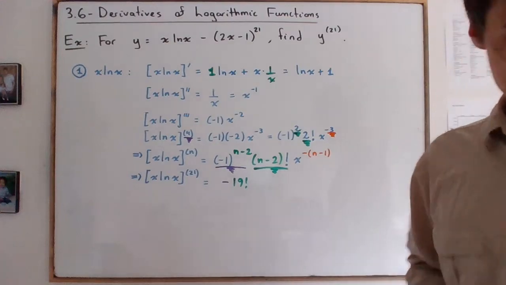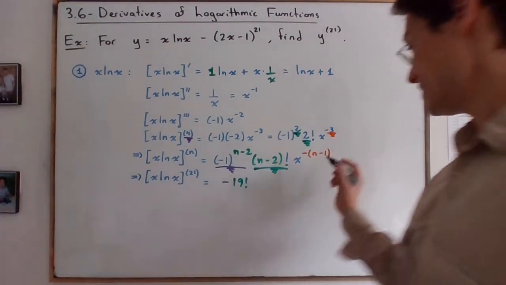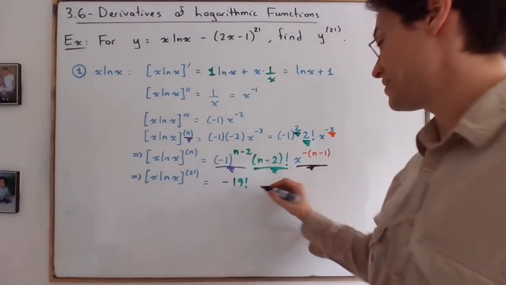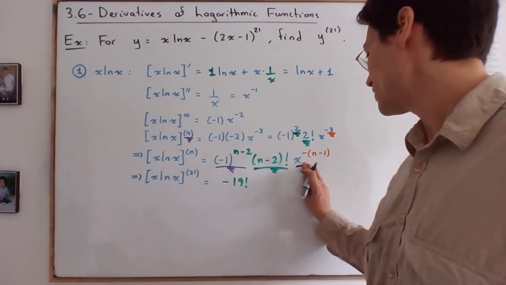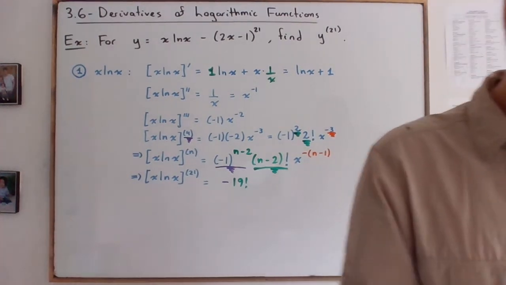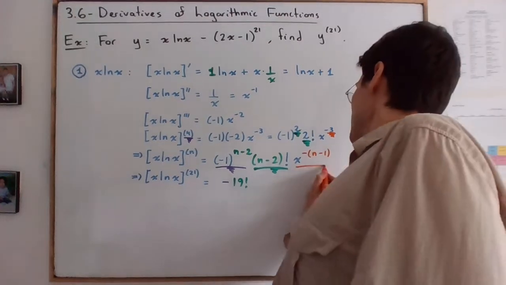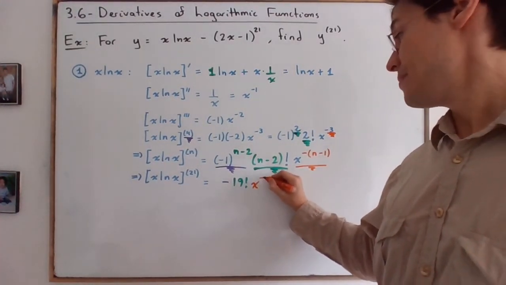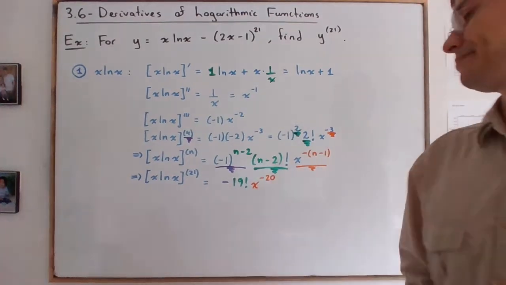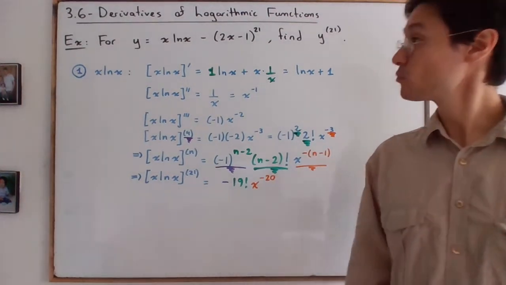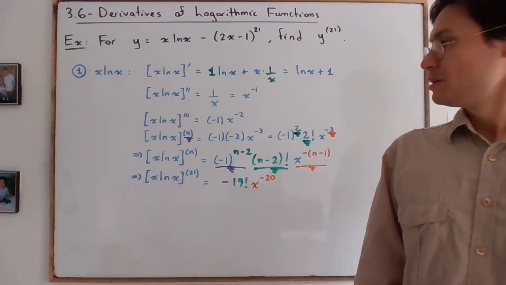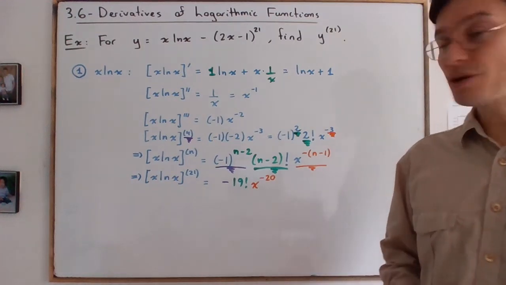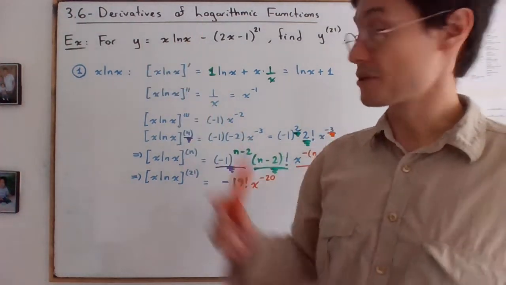And finally, this x to the negative n minus 1, I will keep the color code in orange this time around, will give you x to the power of negative 20. So this is the first term.